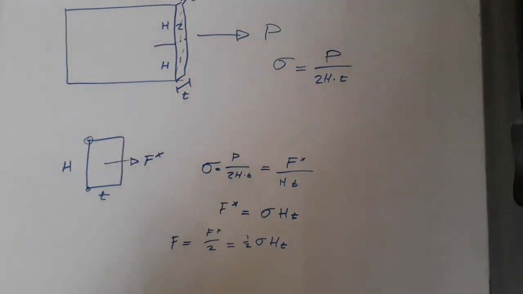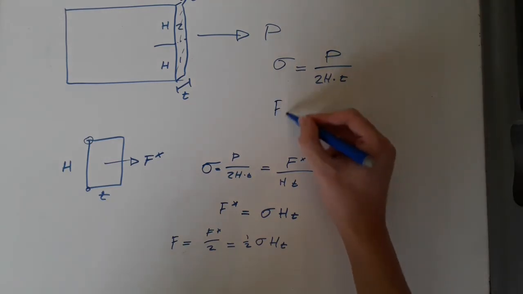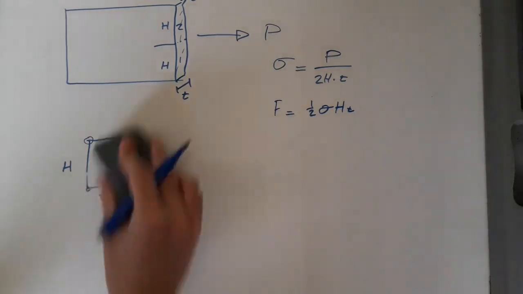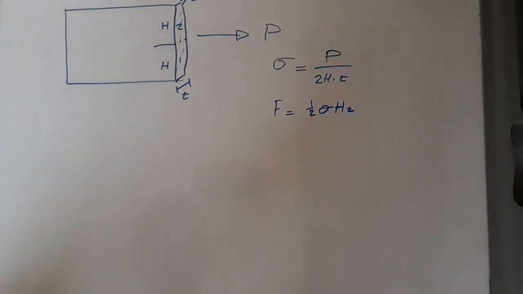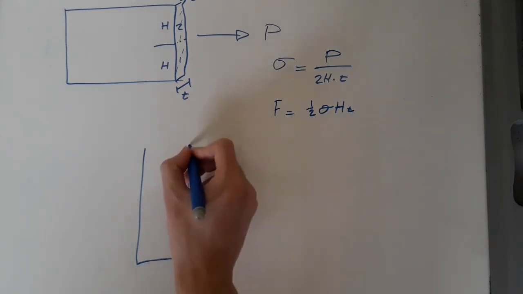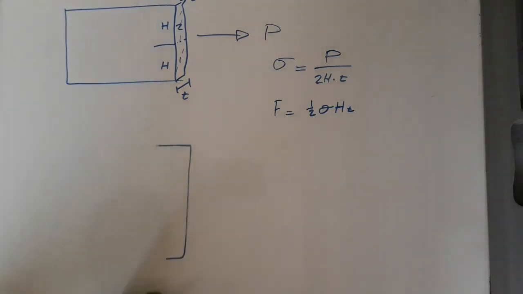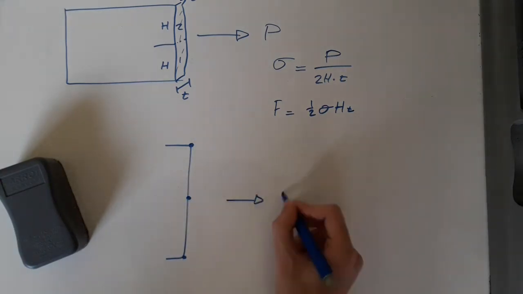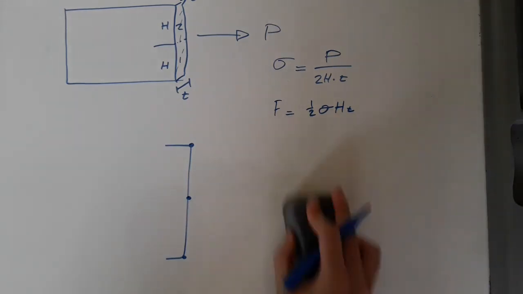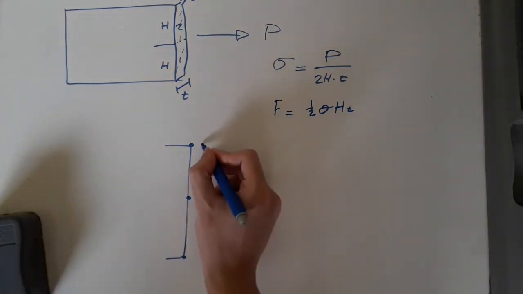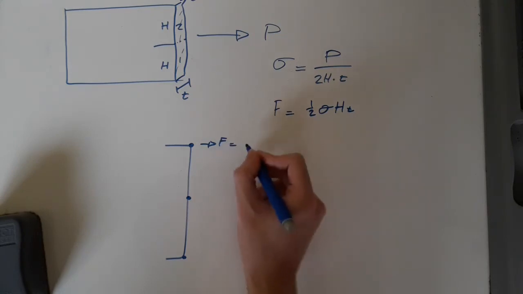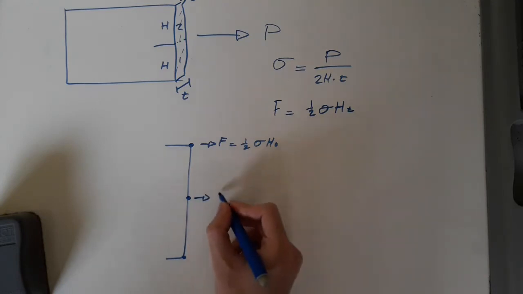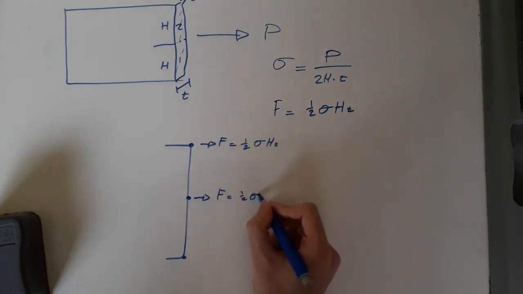Knowing that the nodal force is equal to a half sigma ht, if we were to consider the full surface area now with the two elements, you would have something like this, at least from the side view. Instead of having a P acting on the entire surface area, for one single element you'd have F, which is again a half sigma ht, and then at the other node, F is again equal to a half sigma ht.